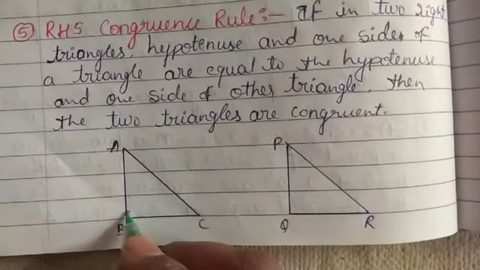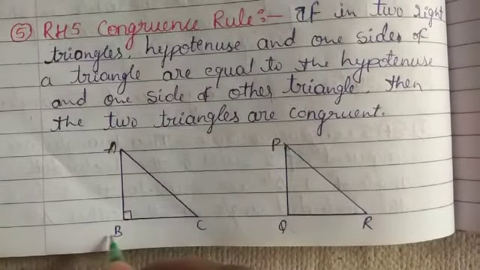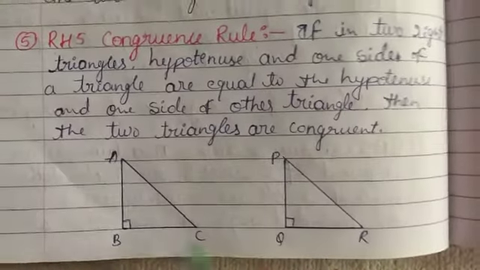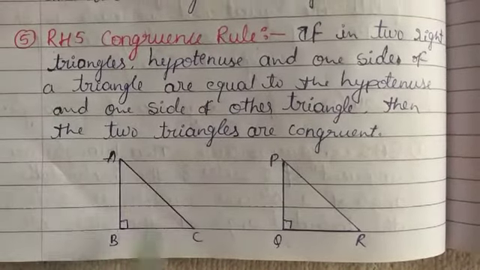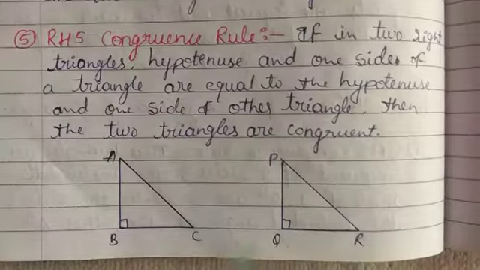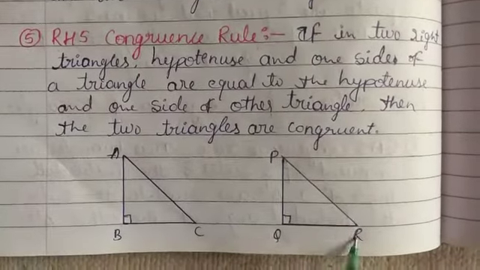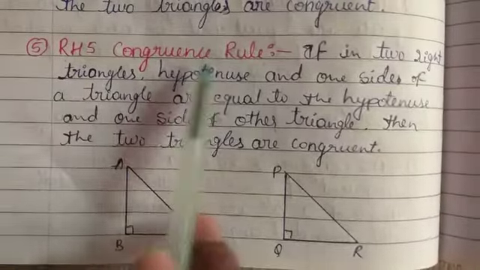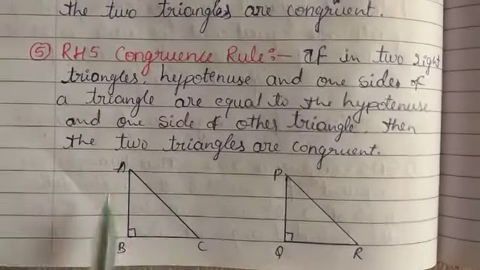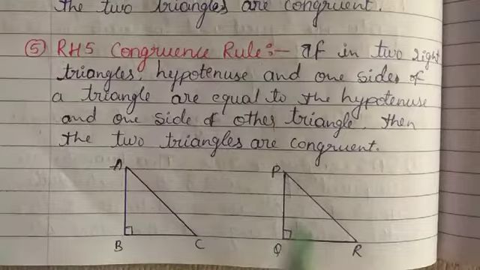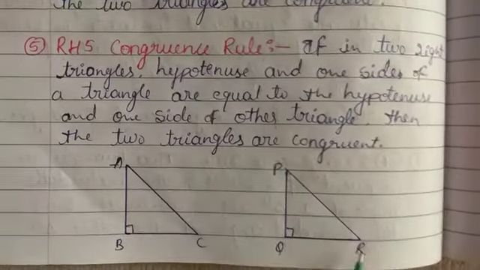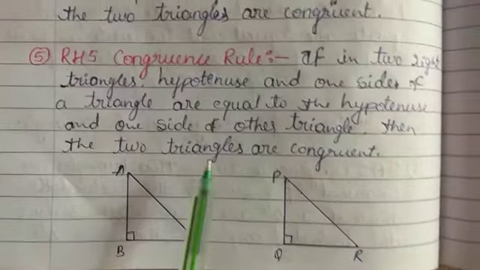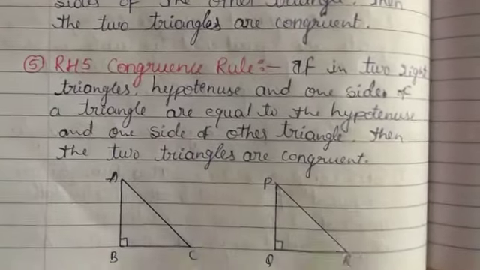This triangle is right angled at B and this triangle is right angled at Q. Suppose in these two, AC is equal to PR and also BC is equal to QR. Then I can say by using the RHS congruency rule, triangle ABC is congruent to triangle PQR. Okay, understood all these criteria. Using these criteria, we can solve the exercise.